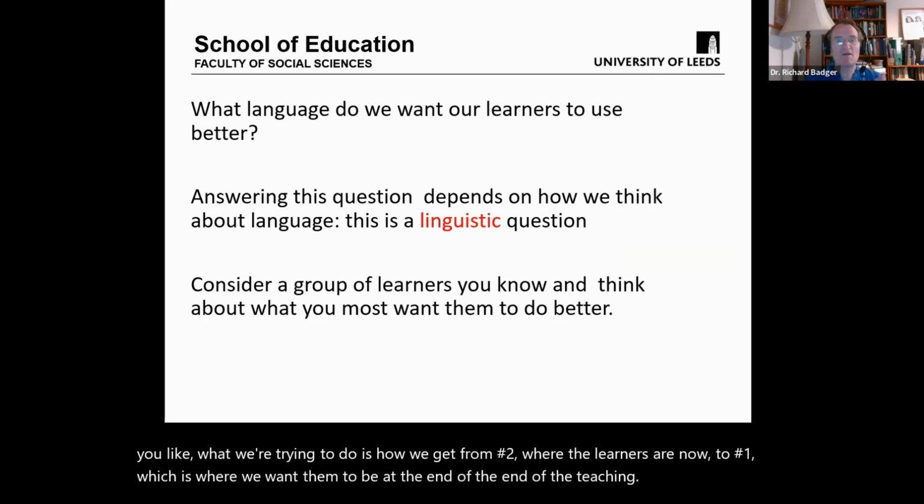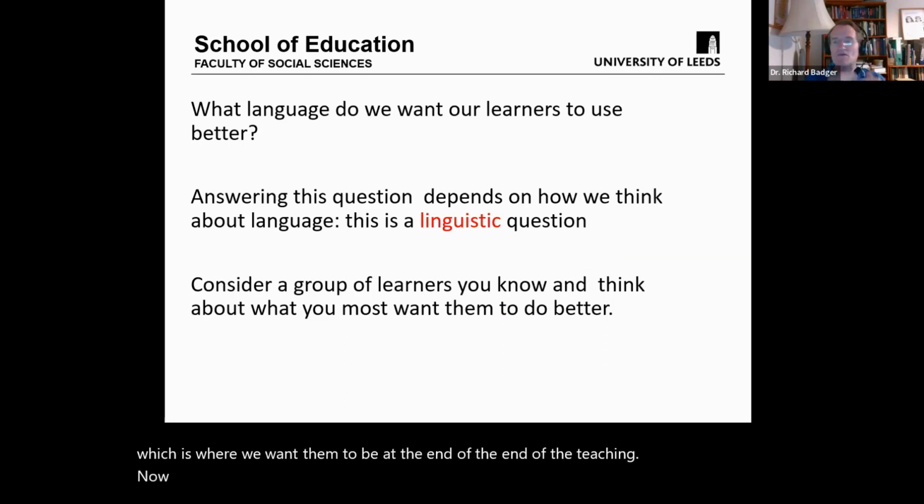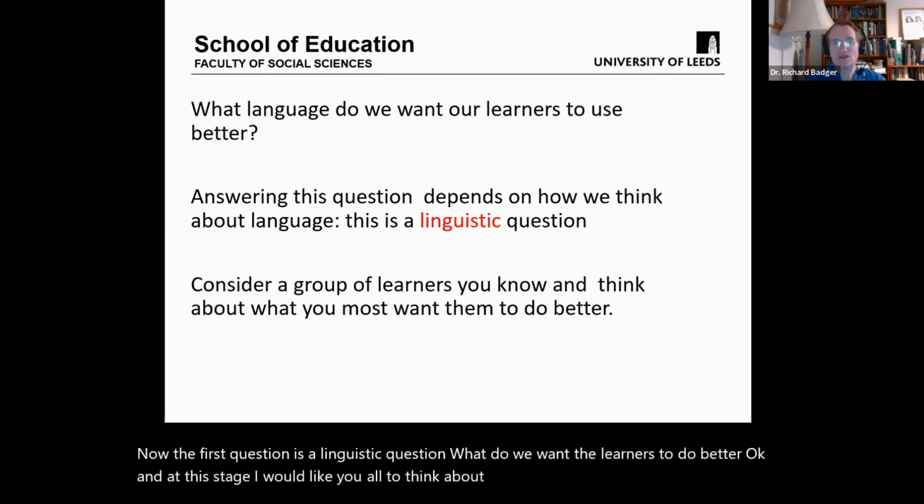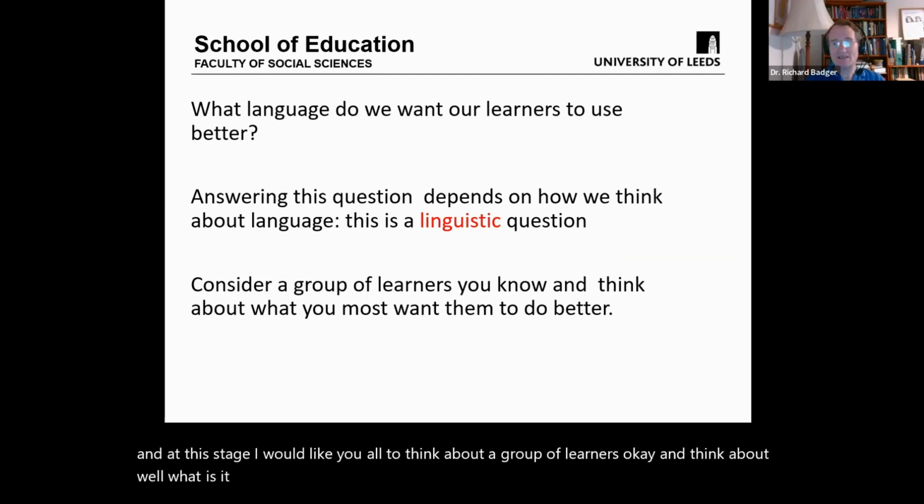Now, the first question is a linguistic question. What do we want the learners to do better? At this stage, I would like you all to think about a group of learners, and think about what it is that you want them to do better. You can think about it in whatever terms you want.